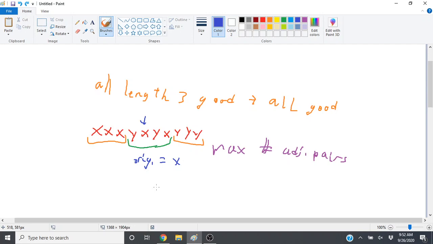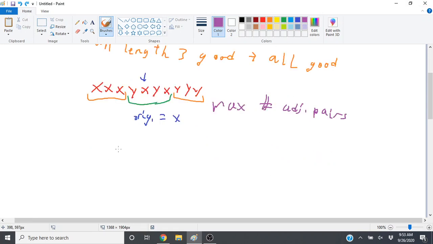Now we can deduce even more from this representation. Basically, we can show that, let's consider some array x, y, x, y, and then we have some streak of x's. And then we have some, for example, z x, z x.